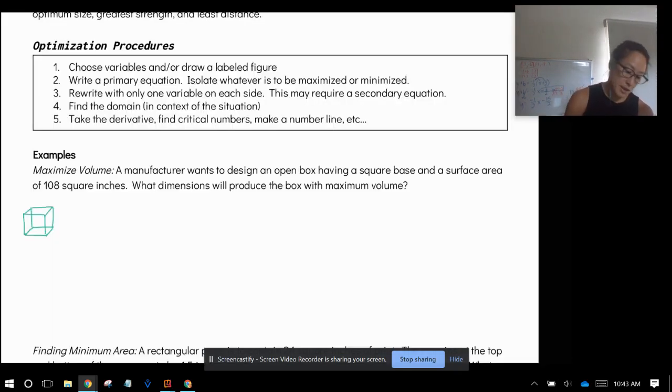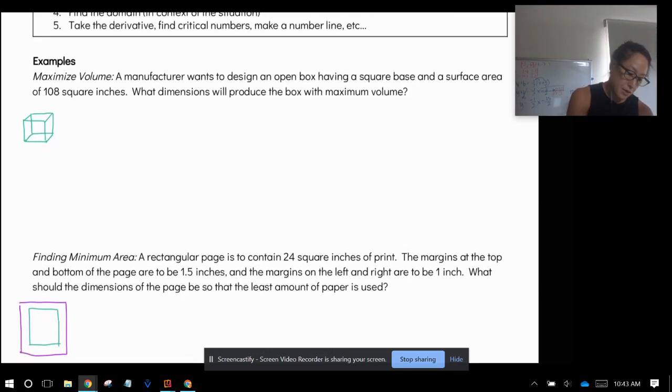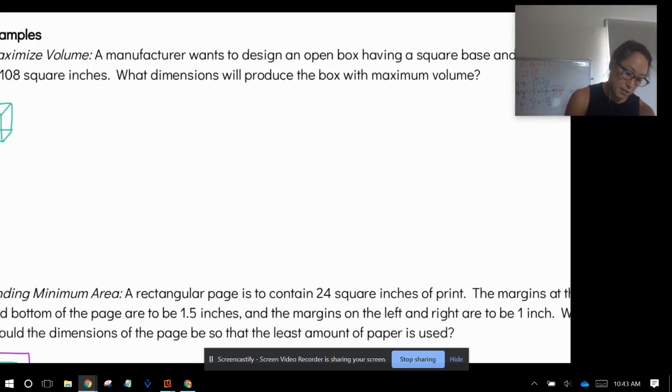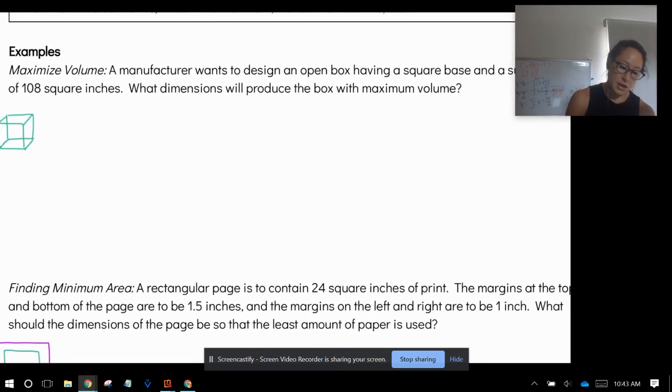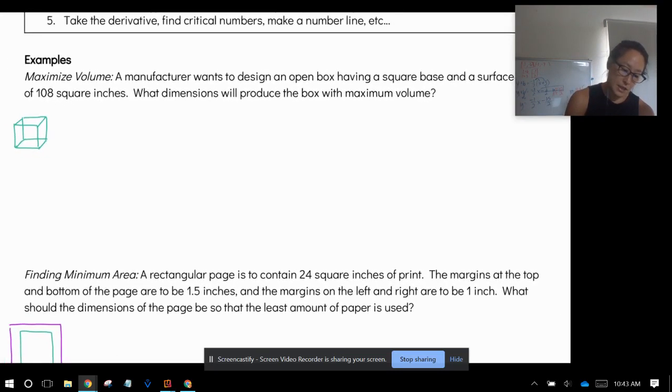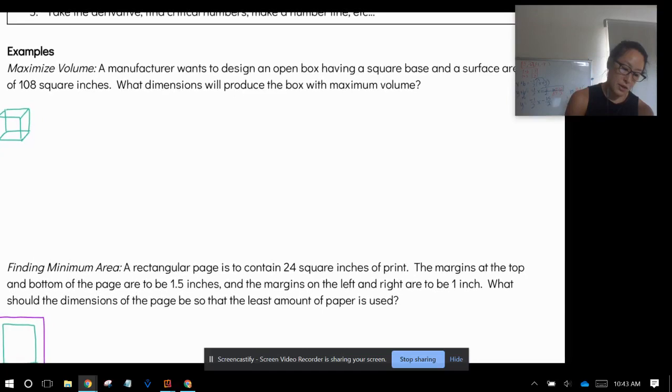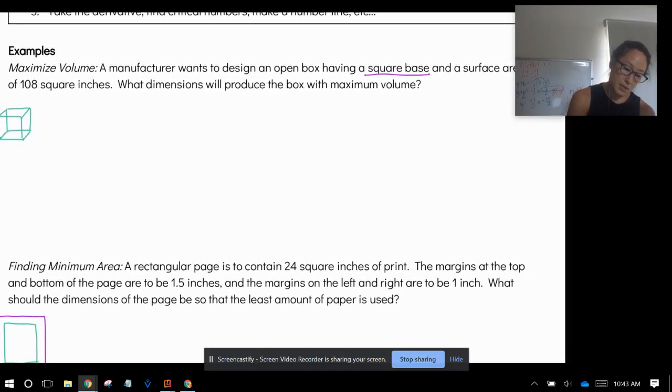All right. So first up, a manufacturer wants to design an open box having a square base and surface area of 108 square inches. What dimensions will produce the box with the maximum volume?